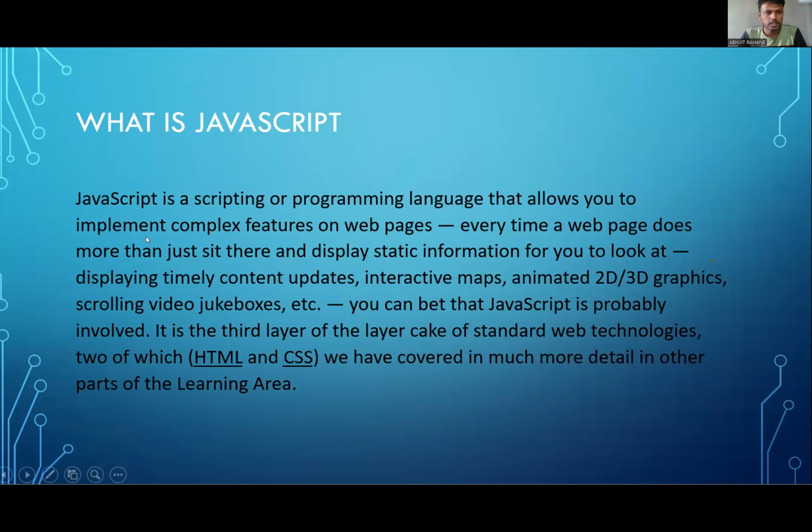Every time a web page does more than just sit there and display static information for you to look at, displaying timely content updates, interactive maps, animated 2D and 3D graphics, scrolling video, jukeboxes, etc., we can bet JavaScript is probably involved. Here we use standard web technologies like HTML and CSS. We have to use these two with JavaScript also.